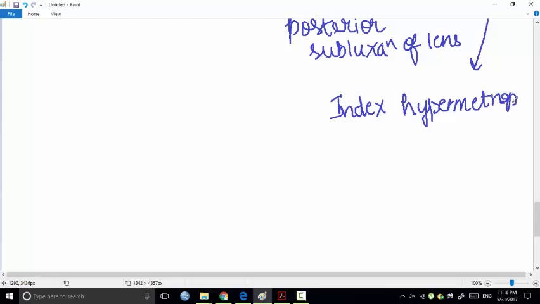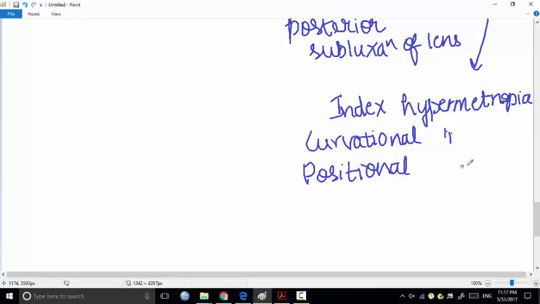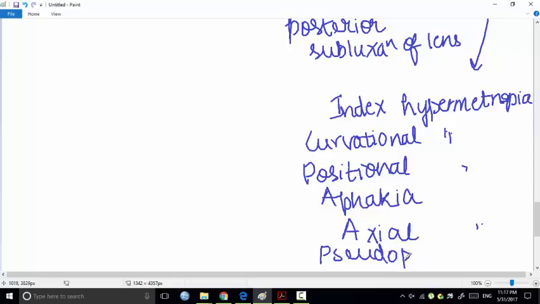It may be due to index hypermetropia, that is decrease in refractive index, or curvational, that is flattening of curvature of lens and cornea, or it may be positional hypermetropia, and then it may be aphakia, which is absence of lens, axial hypermetropia, acquired, or pseudophakic hypermetropia.